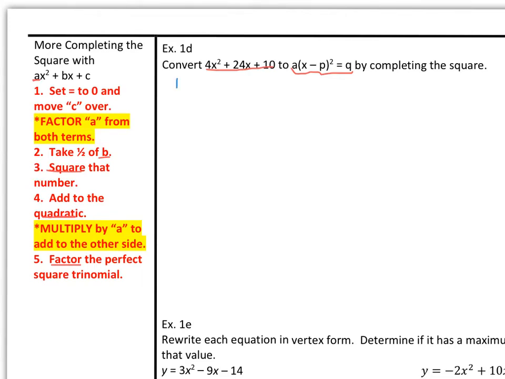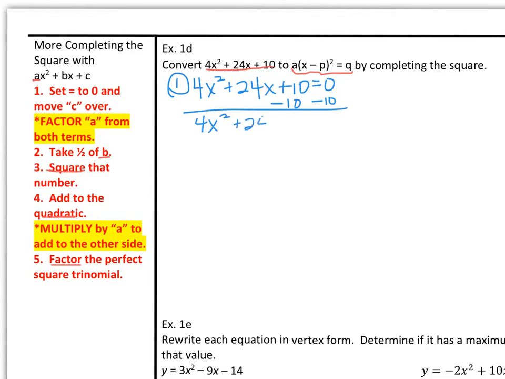Step 1, we'll set the equation equal to 0. And then we'll move c to the other side. So we'll just subtract. That gives us 4x squared plus 24x on the left and negative 10 on the right. Now, step 2 says to factor a out of both terms.